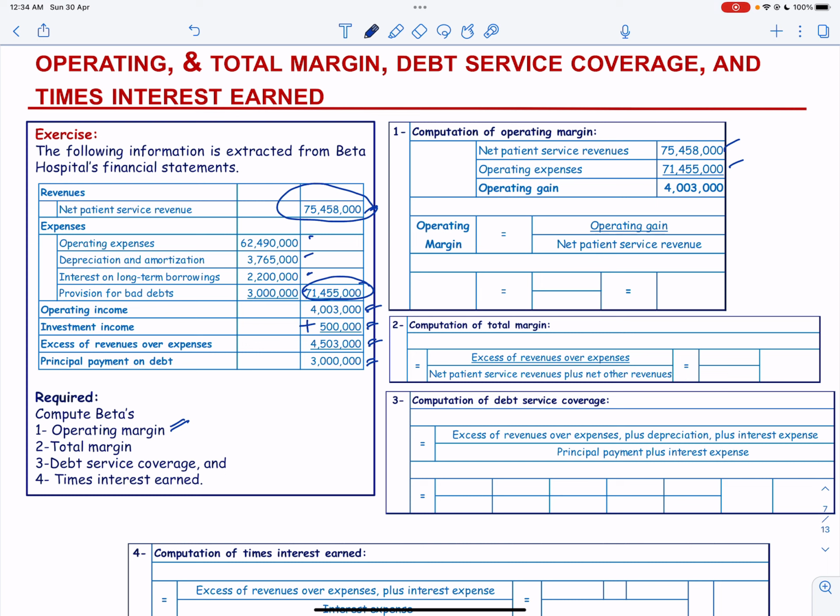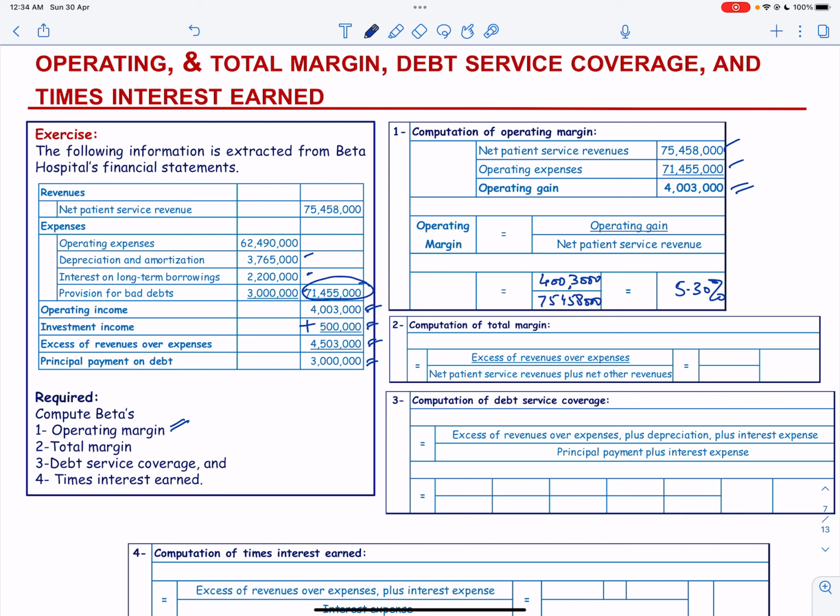So we have the operating margin, and this is operating gain, and operating gain is 4,003,000 divided by net patient service revenue, and that is 75,458,000. So this will be equal to 5.30%.